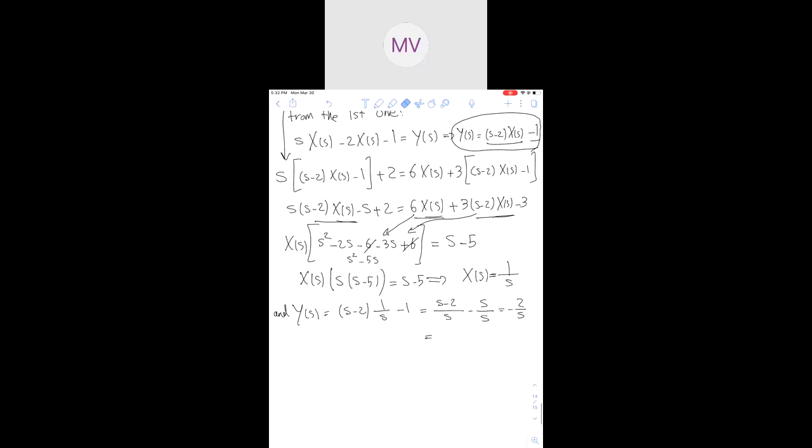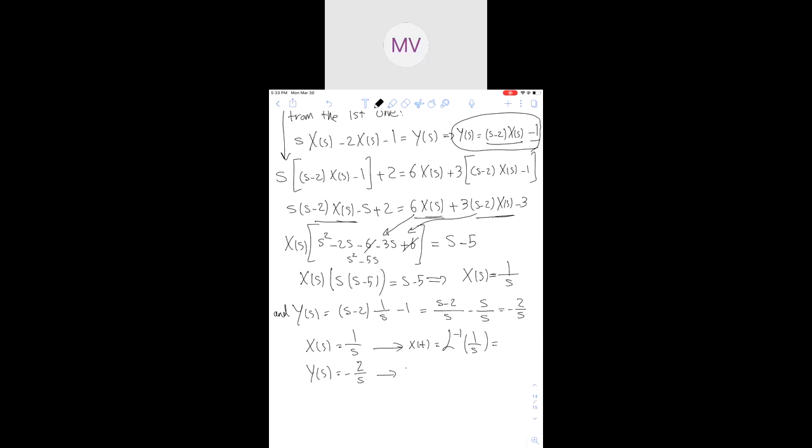Let me erase this. So this is what we have. Your x of s is 1 over s, and y of s is equal to negative 2 over s. Now, to find x of t, you simply take Laplace inverse of 1 over s.